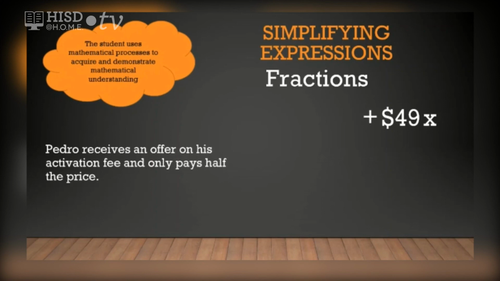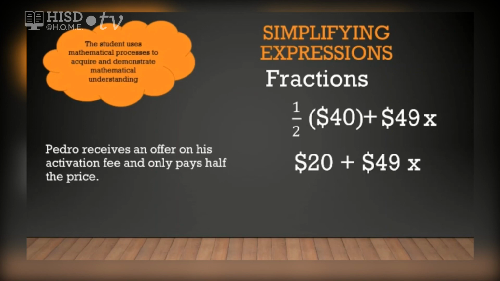Now they're saying that this $40 is gonna be discounted by half. So that means that I just have to multiply the 40 times half. Now remember that in order to simplify the expression, I just have to multiply this, and it's gonna give me $20 plus $49 per month, and that is gonna be my new simplified expression.